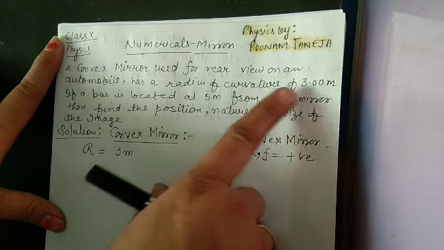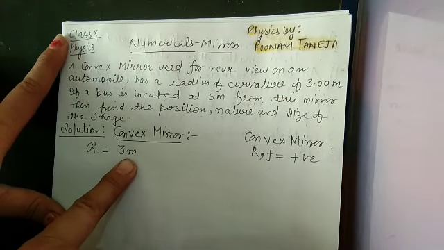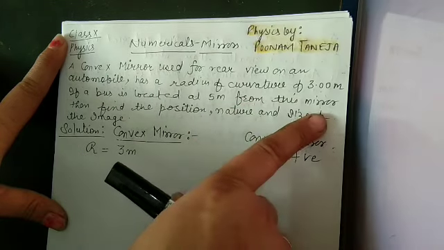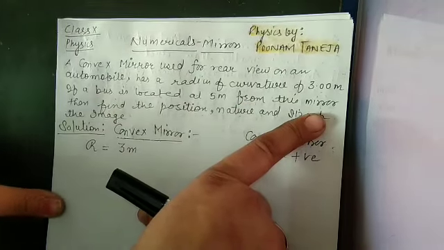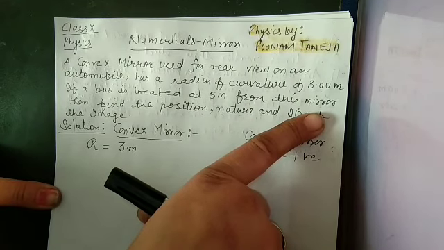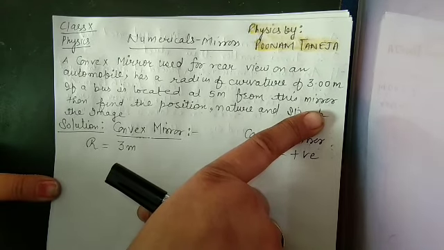It has a radius of curvature of 3 meter. If a bus is located at 5 meter from this mirror, what does it mean? If a vehicle is running and a bus is behind it, the bus will act like an object.